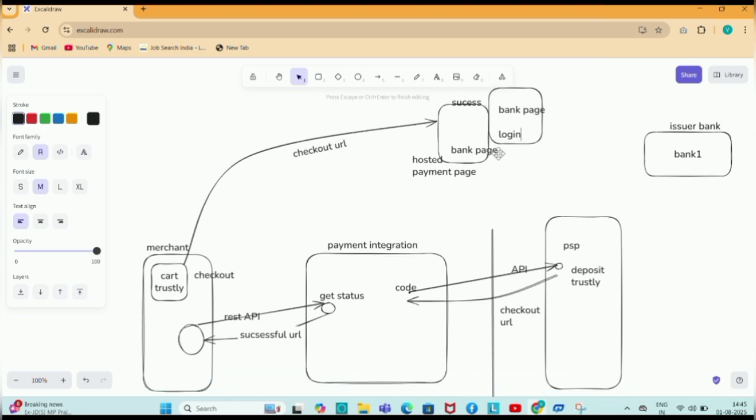The hosted page and the Trustly page interact with the bank page. The customer's bank is called the issuer bank.